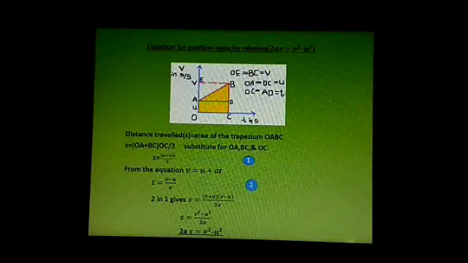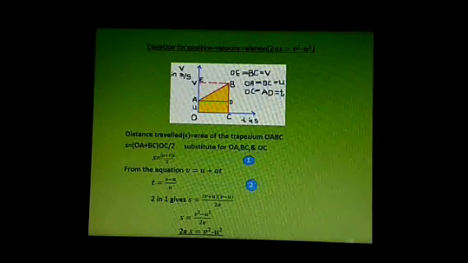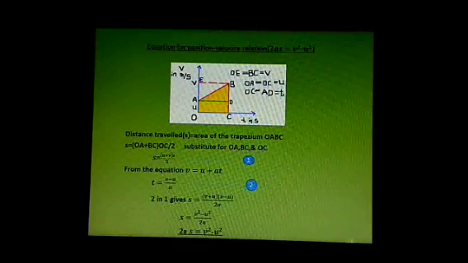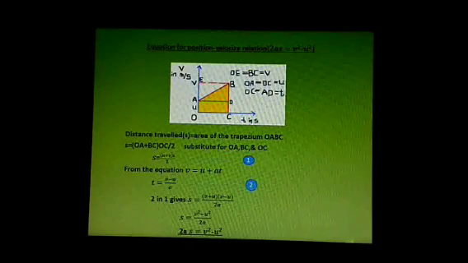Next, equation for position velocity relation: 2AS is equal to V square minus U square. Here also we can use the same thing, that is the area under the graph gives the distance travelled. So here we consider the area of the trapezium OABC is the distance travelled.